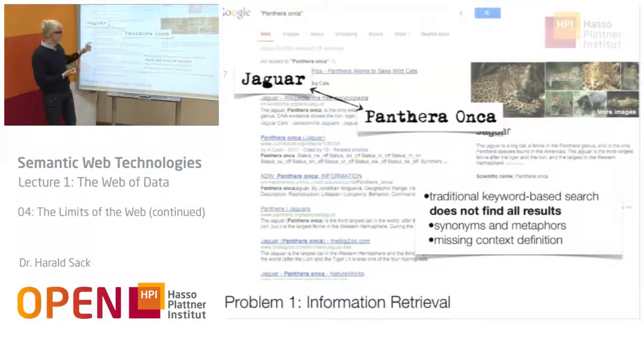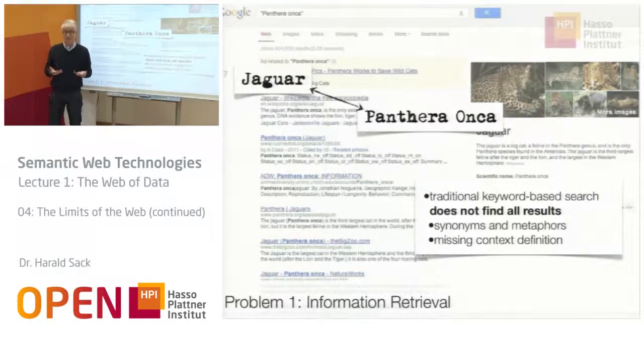So you see, in information retrieval, we have two problems because of the lack of explicit, formally available semantics. First, our search results are spoiled by answers that are not necessarily related to our intended meaning of the search. And secondly, we will possibly not get all the existing answers because of synonyms and metaphors.